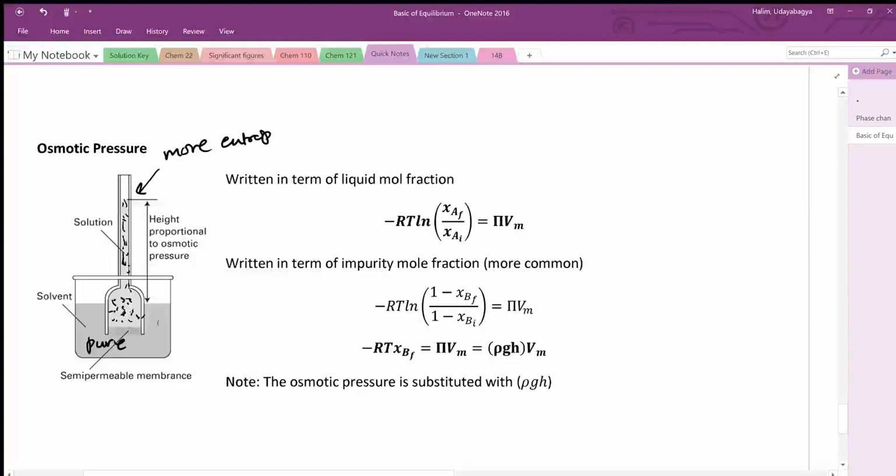So in order to reach equilibrium, if this is just regular diffusion, then the dye would come out. But since you have a semi-permeable membrane that prevents the dye from moving away from the container, water is going to rush up instead to decrease the overall concentration. So that's the osmotic pressure.